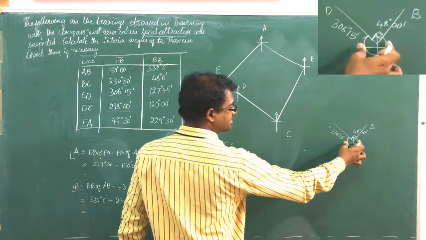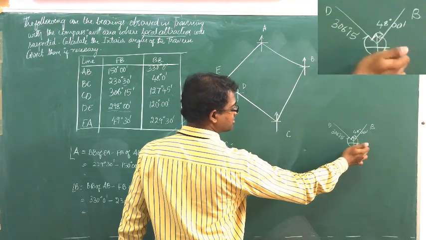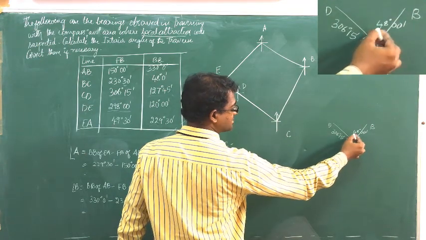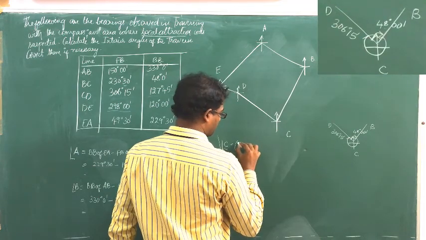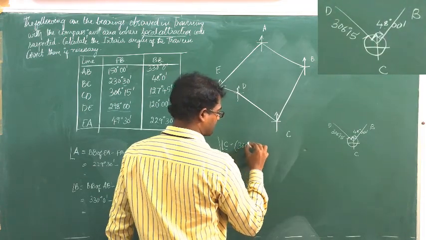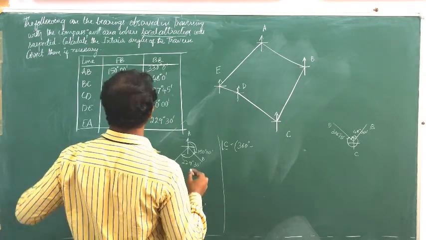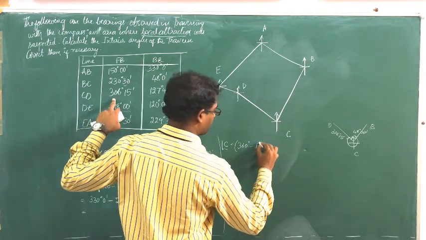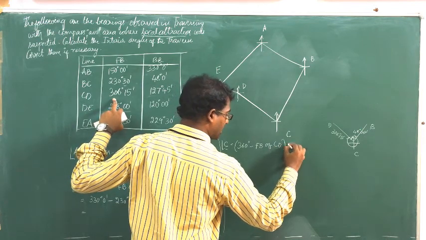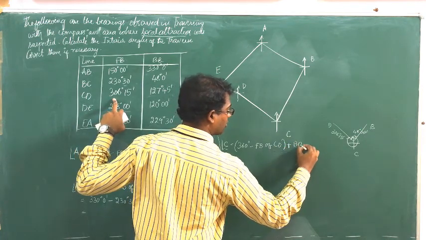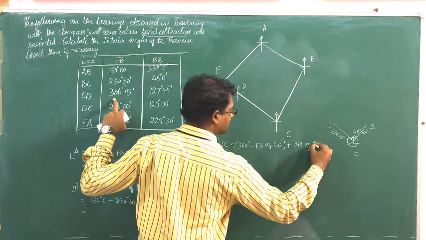So from 360 degrees, if I remove 306 degrees, I'll get this balance. If I add this, then you can remove it. So what I need to do is 360 degrees minus forebearing of CD plus back bearing of BC.